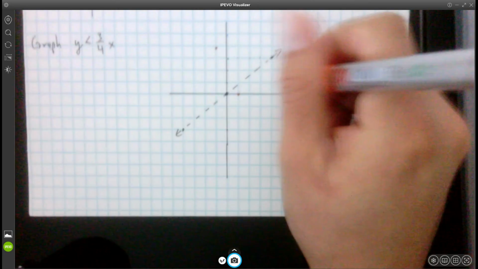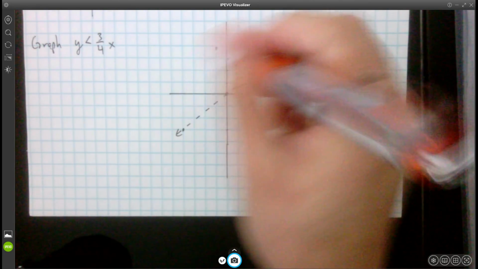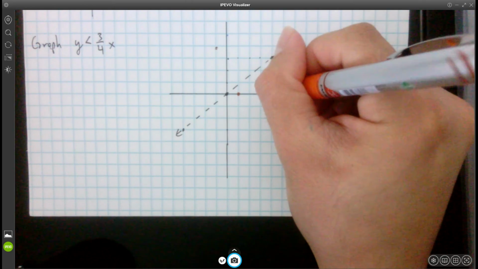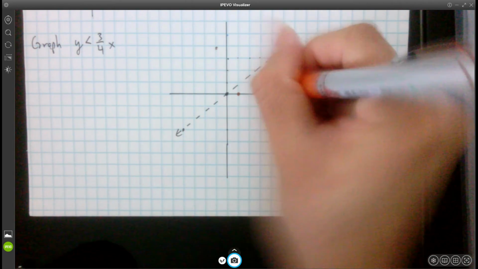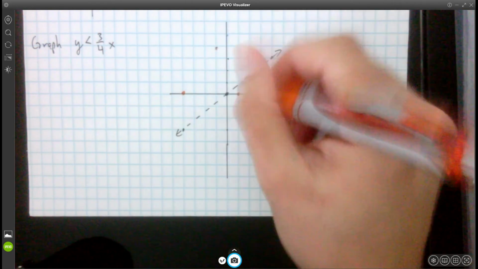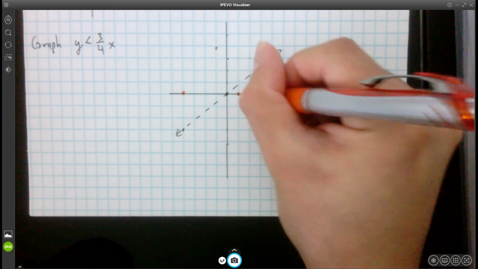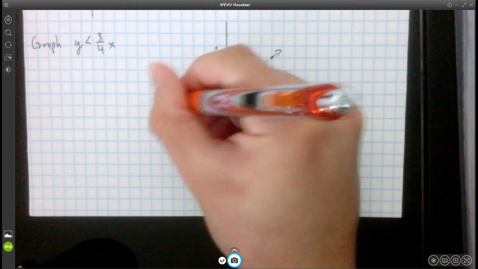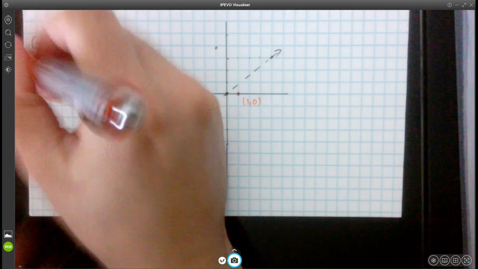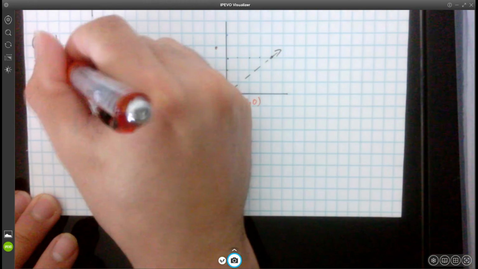You can choose this point right here. I'm going to choose that point, and let's also choose this point right over here. I'm going to choose 1, 0 as my test point, and negative 4, 0 as my test point, okay? I'm going to check both of them.